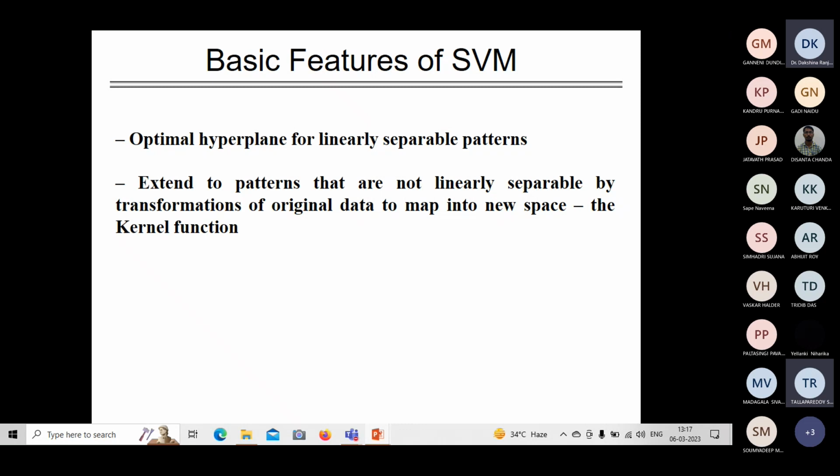Using the kernel function, we can map the lower dimensional input feature vector into a higher dimensional feature space. This is another prominent feature of support vector machines.